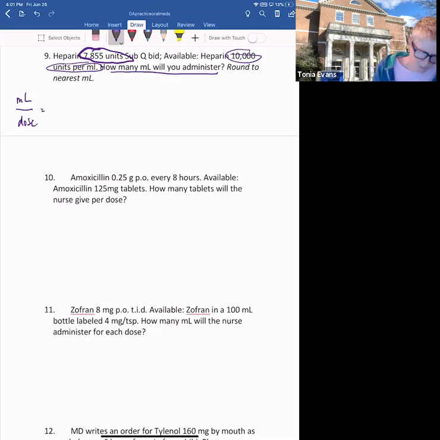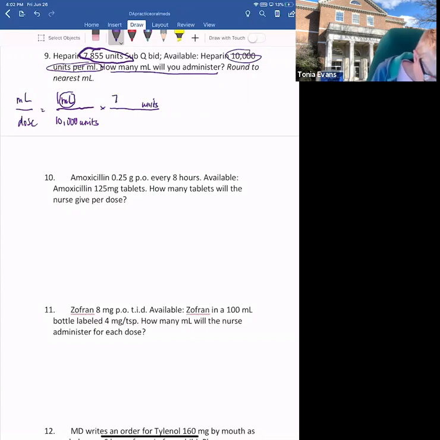And milliliters, what do I know about milliliters? I know that in 1 ml, I have 10,000 units. Now remember, when you're doing quizzes and tests, units has to be written out. That'll be another thing that you have to make sure you do. Okay, so I've got my milliliters. I need to get rid of units.